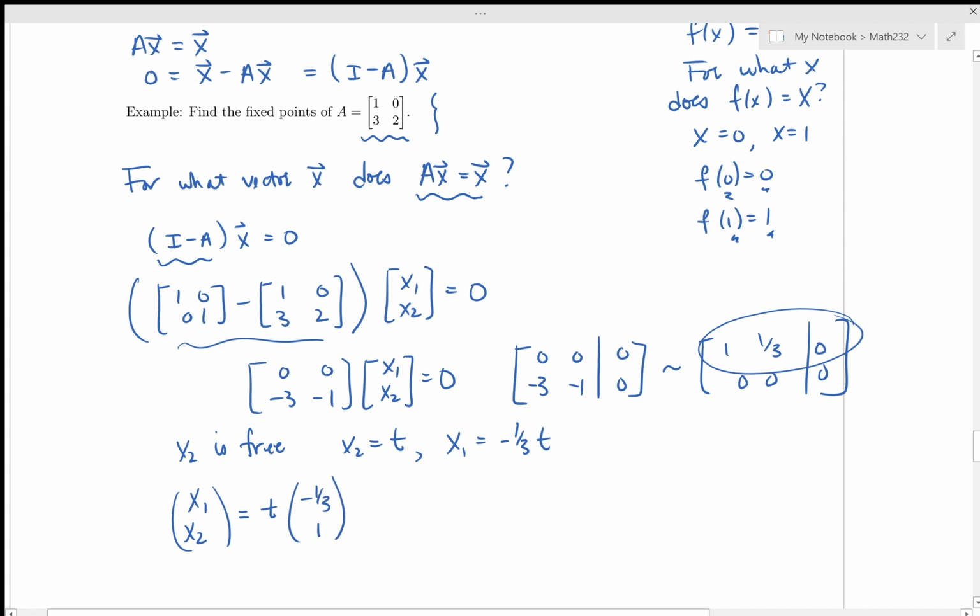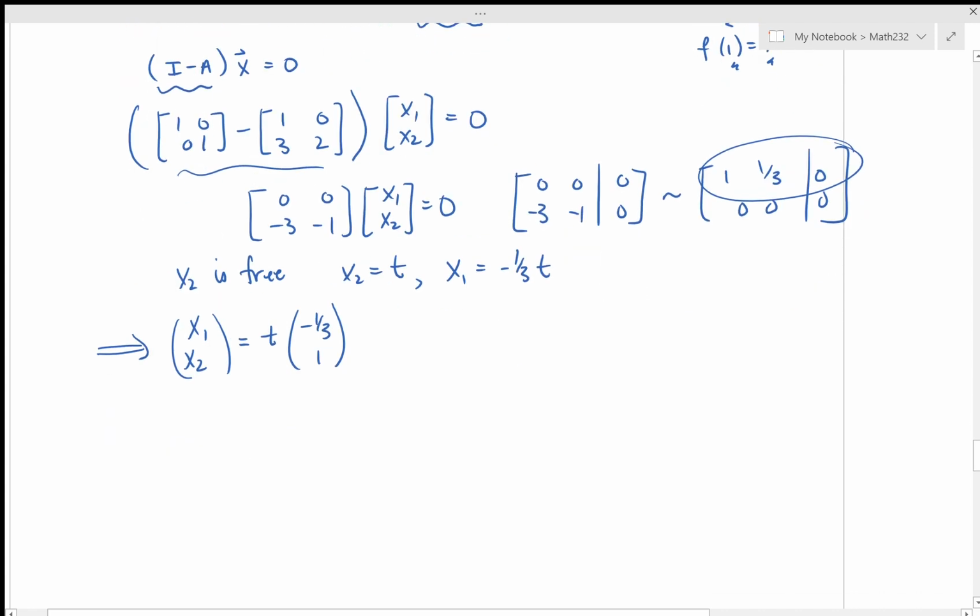So I am saying that this vector that I just calculated is a fixed point of the matrix A. Let's see if it's true. To be a fixed point means I take the matrix A, I multiply it by the vector x, and I expect nothing to happen. So let me make this calculation. I take the first row times the column, I get minus 1/3 t.